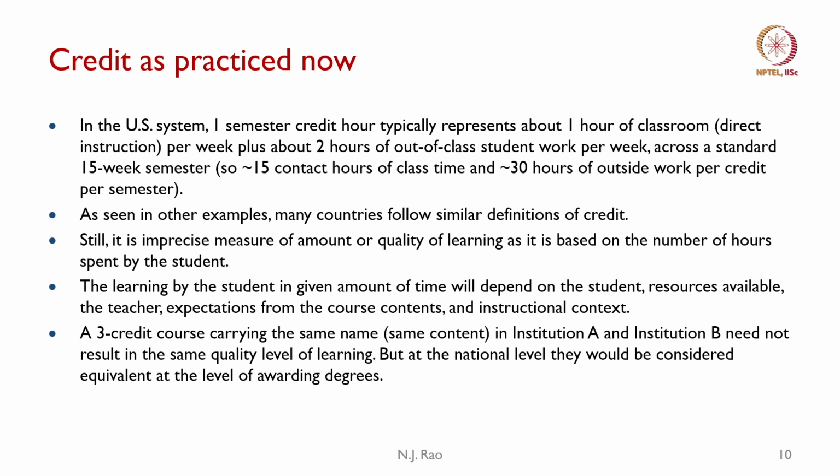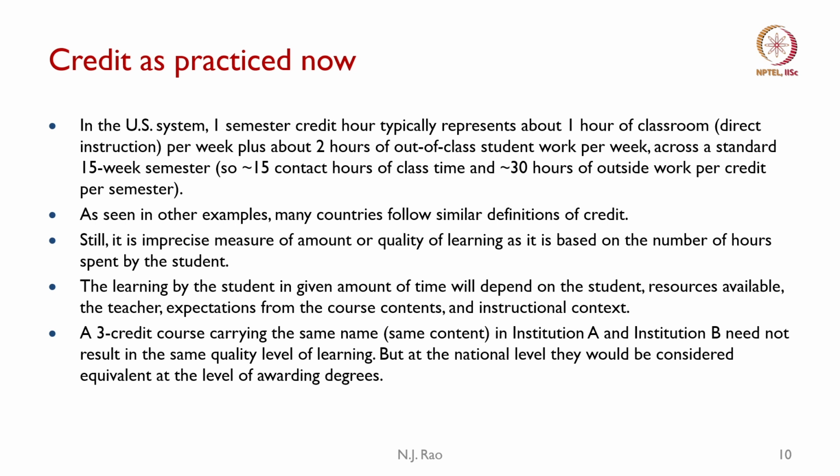Everywhere, there are so many dimensions to that. Students are different, the faculty are different, resources available are different, and the way the instruction is given is different. So the learning by the student in a given amount of time will depend on all these factors. For example, instructional context.